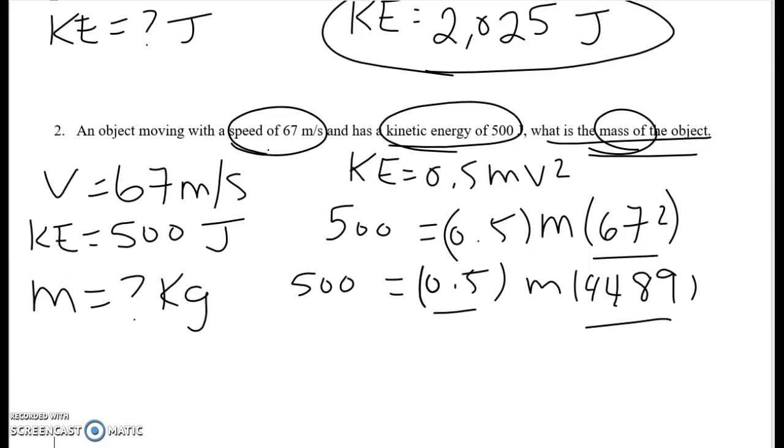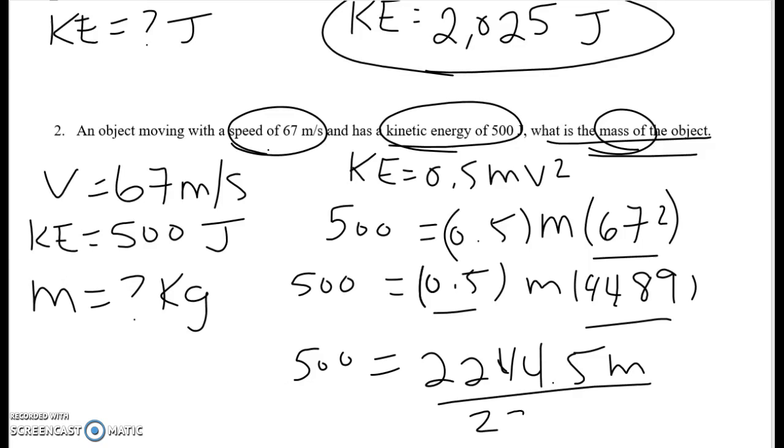They are both being multiplied by m, so I can simplify those together. So 0.5 times 4489. All I did was multiply these. I get 2244.5 m equals 500.